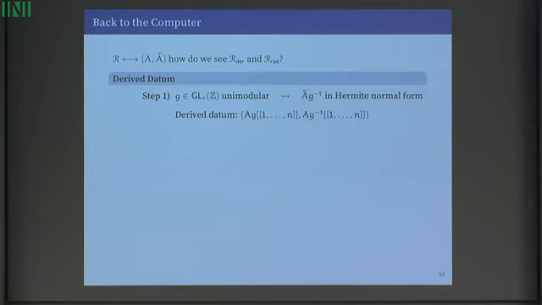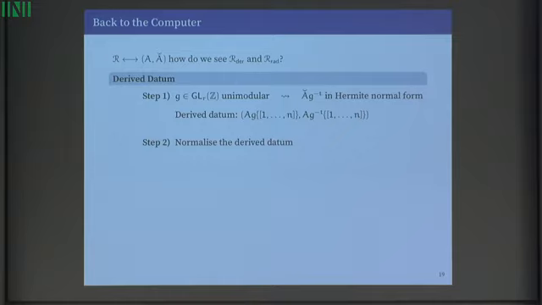Okay, so you now just slice. You take the first n rows of this matrix and the first n rows of this matrix. That should be A check, and this will give you the matrices for the derived datum.